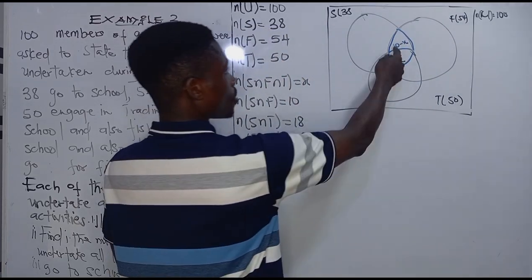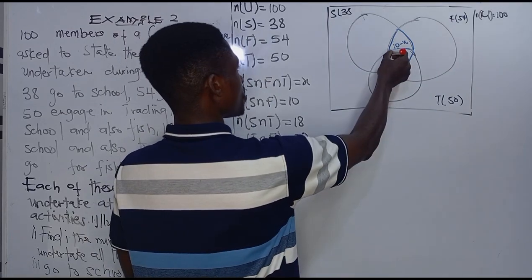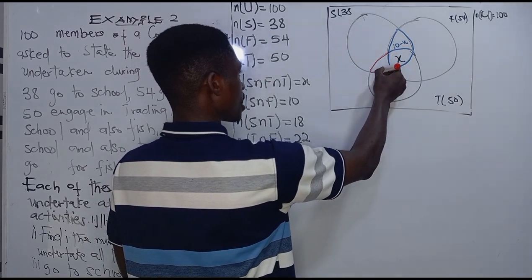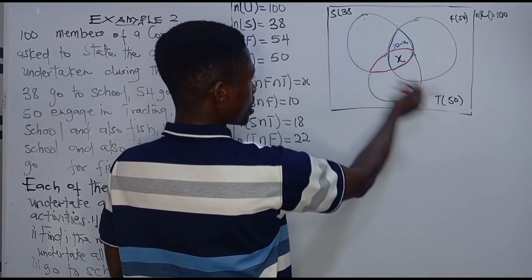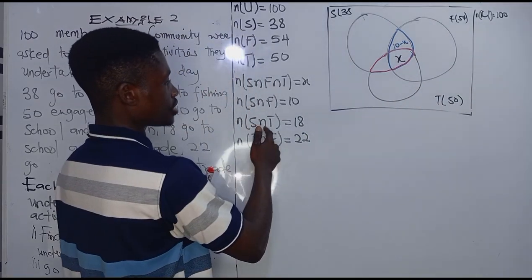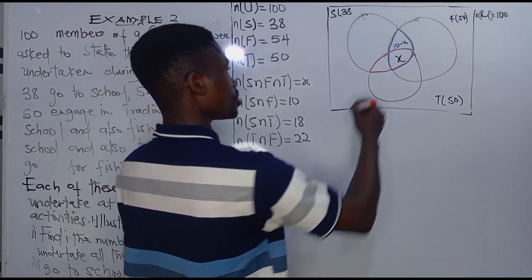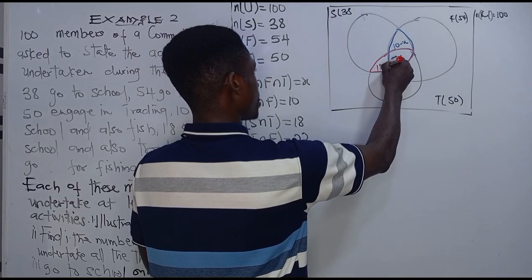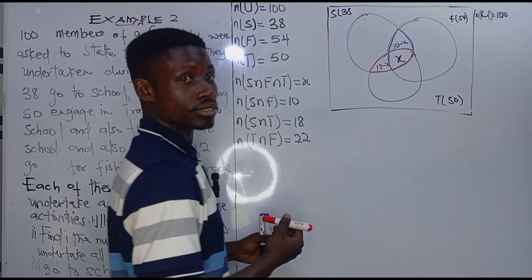And we are saying that the whole of this region, school and then trading, is what? 8. So if you are looking for this particular region, it is going to be 8 minus X. Good. So what do you think is going to be the expression for this particular region?